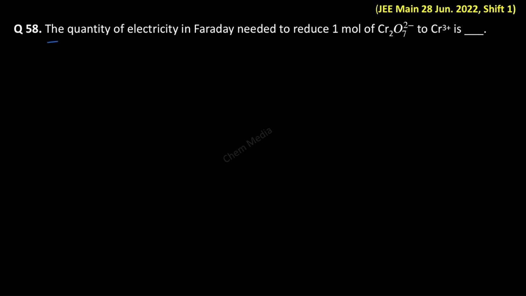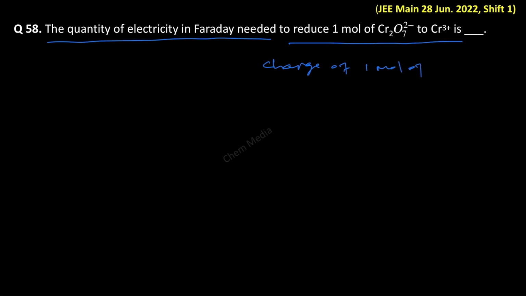The quantity of electricity in Faraday needed to reduce 1 mole of dichromate ion to chromium 3 plus is how much? We know that charge of 1 mole of electrons is what we call 1 Faraday, because charge of a single electron is equal to 1.602 times 10 to the power minus 19 coulomb.